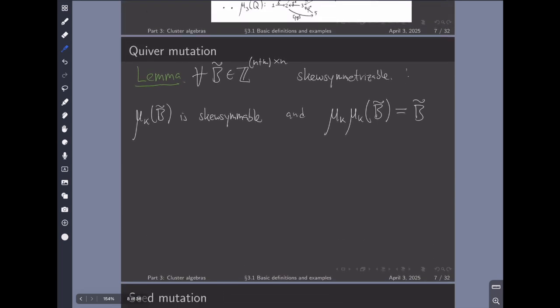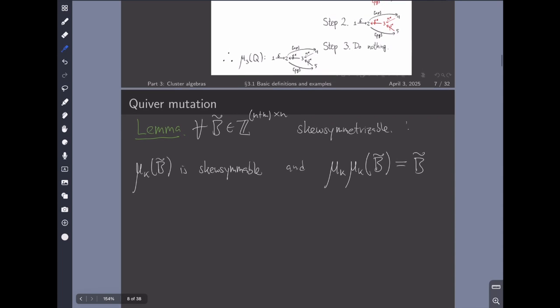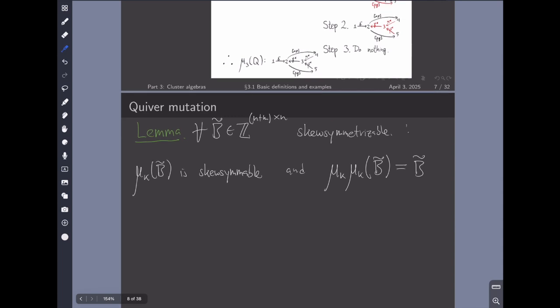Before I keep going, I have to say that these quivers with frozen vertices, or skew symmetrizable matrices more generally, are the combinatorial datum that I said is going to dictate how to mutate the rational functions.